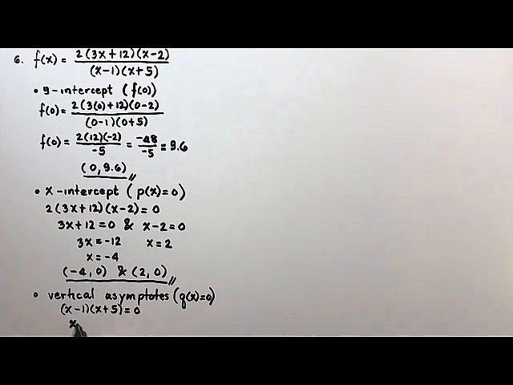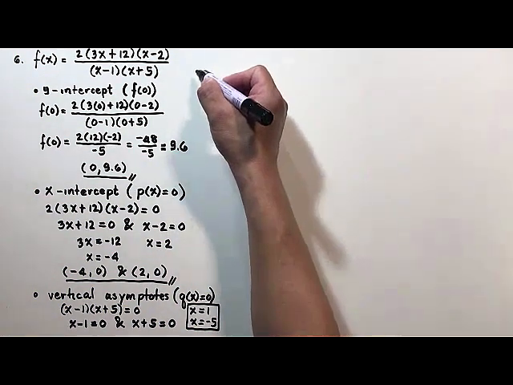So x - 1 is equal to 0, and x + 5 is equal to 0. Therefore, our vertical asymptotes here are x equals 1, when I add 1 to both sides of the equation, and also x equals negative 5. So these are our vertical asymptotes in this rational function.